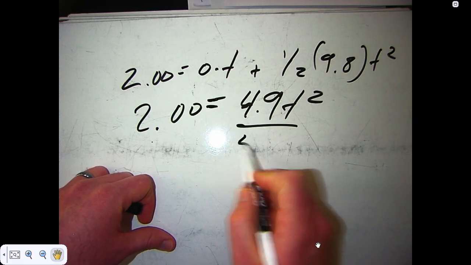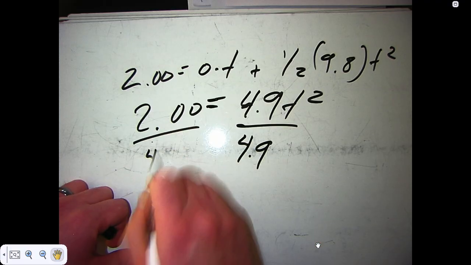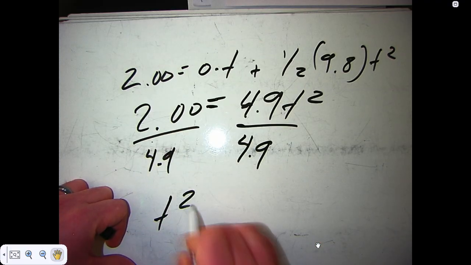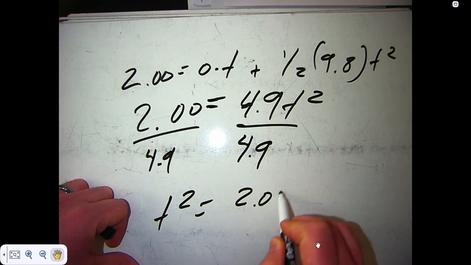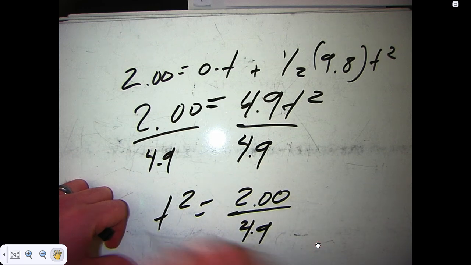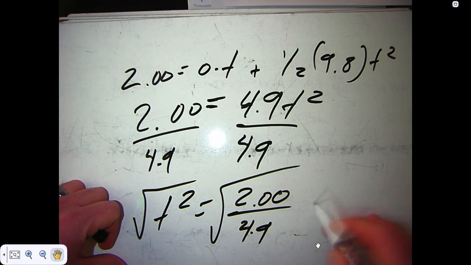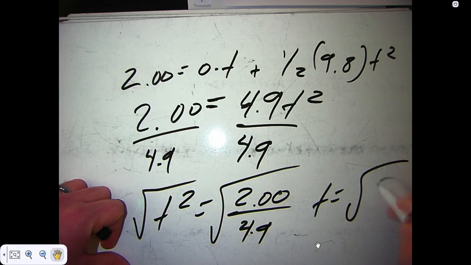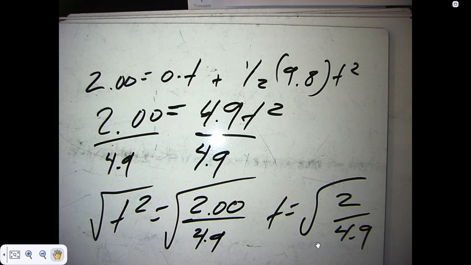Then divide both sides by 4.9. 2 divided by 4.9 equals t squared. Square root both sides. T is going to be equal to the square root of 2 divided by 4.9. Now, I'll actually put that in my calculator and get an answer. Just FYI, that's the full algebra on that problem.